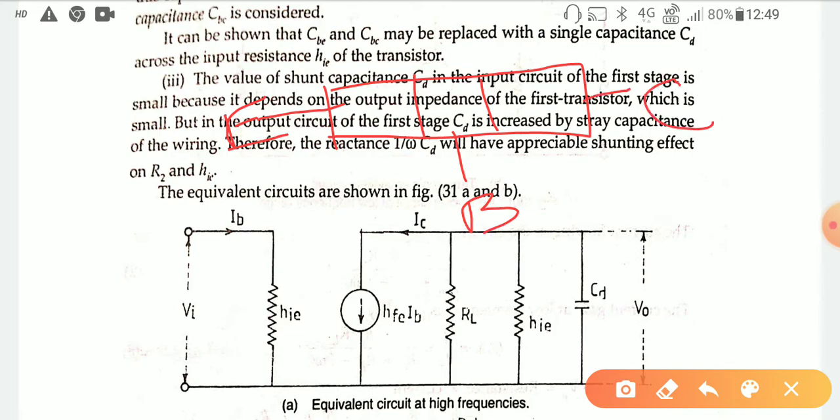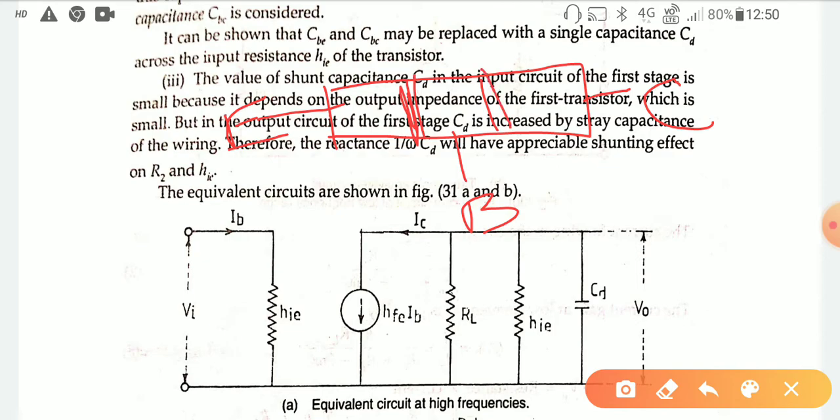In between the emitter and base, a depletion region is created, and due to this depletion region, the two sides are charged particles. It will work just like a capacitor, so it is defined as a capacitor C of BE.